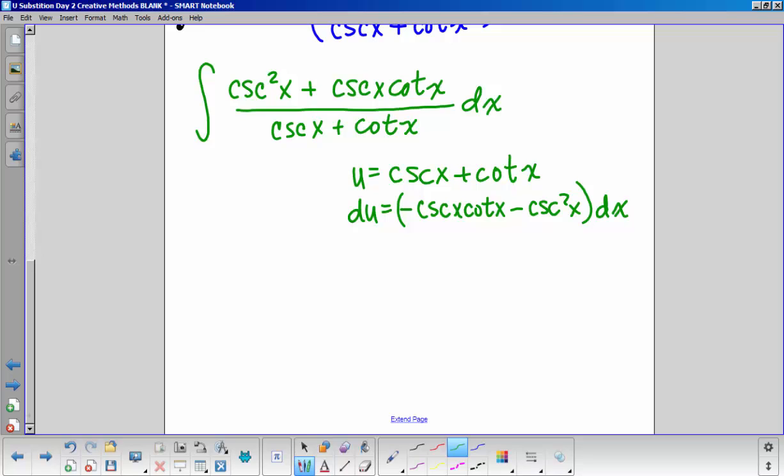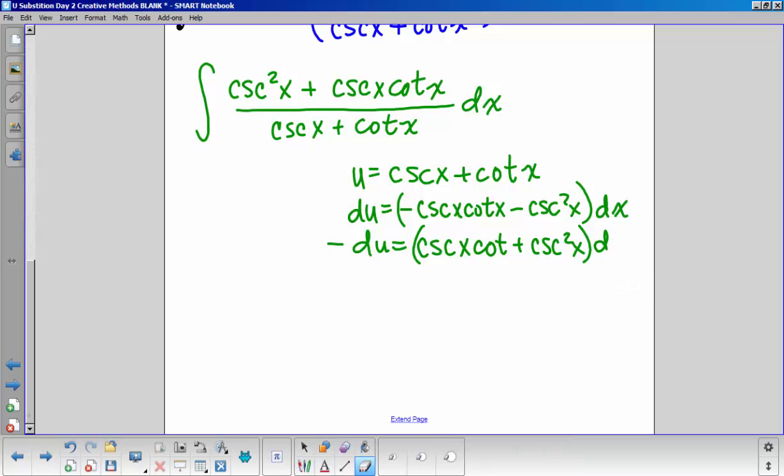But do I have the negative in the numerator? Nope. So I'm going to divide by the negative and make this positive. And then I can complete my u-substitution. This is the dx, I'm sorry, at the end.